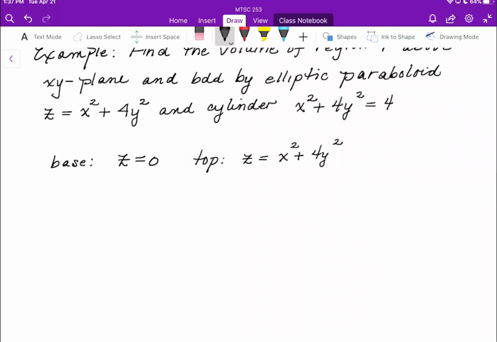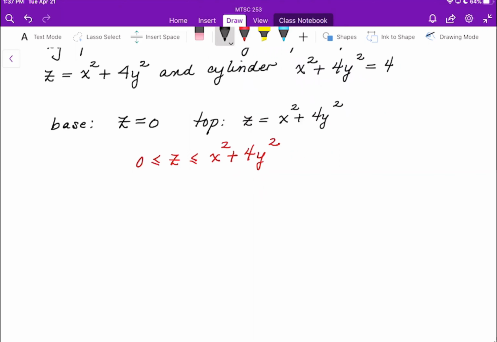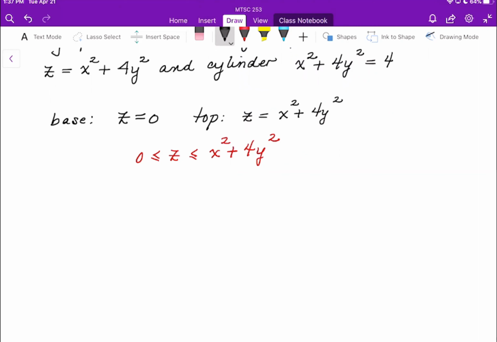So we already know what's floating over top and we already know what's at the bottom. So from here, we can get that 0 is less than or equal to z, which is less than or equal to x squared plus 4y squared. Now what is difficult is we need to find the region in the XY plane.